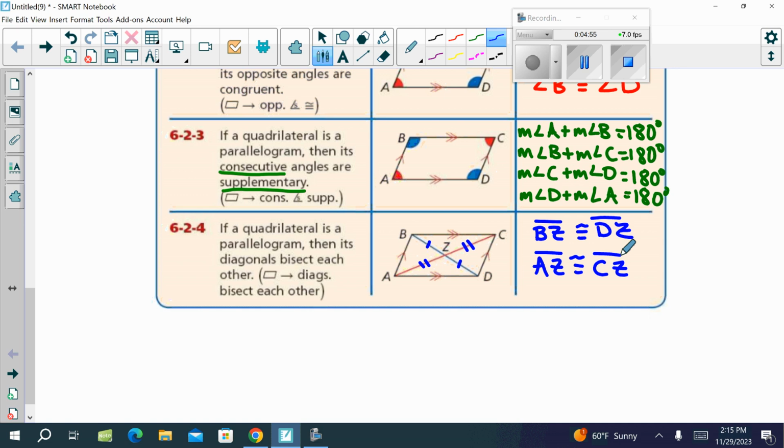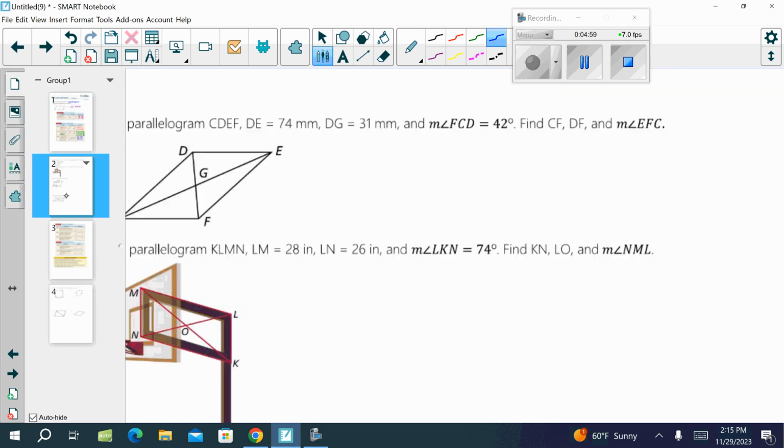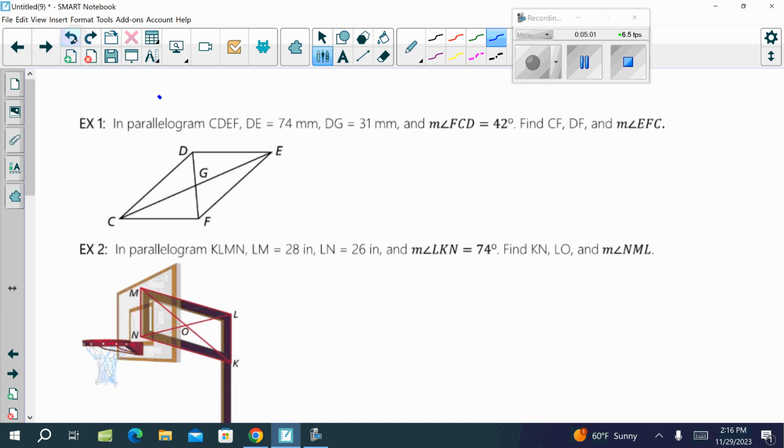Okay. Let's try and use some of the properties. So in parallelogram CDEF, we know DE is 74. We know DG is 31. And we know angle FCD is 42.